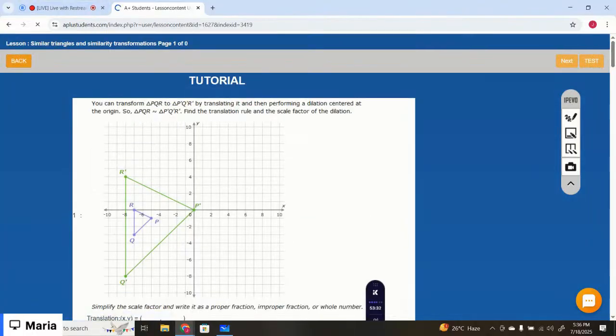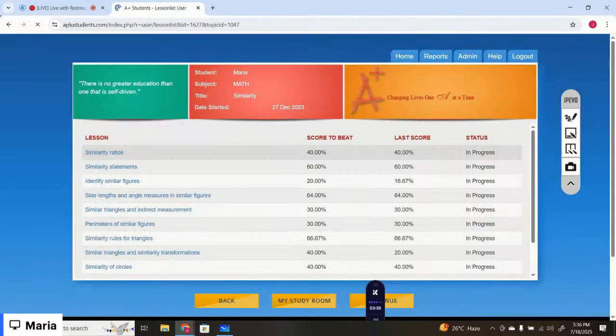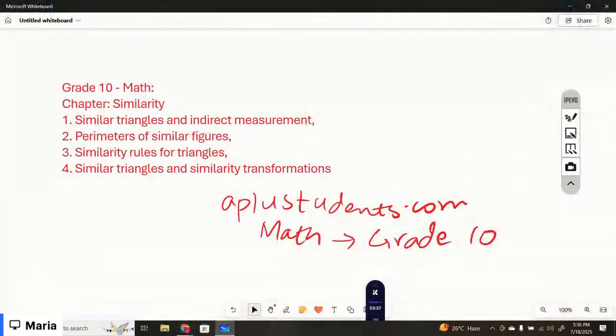Okay, the next session, right? So we were working on grade 10 math. The chapter we are working on is similarity.